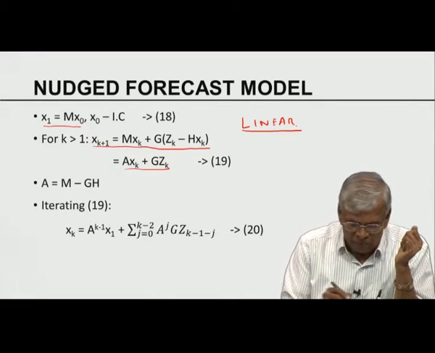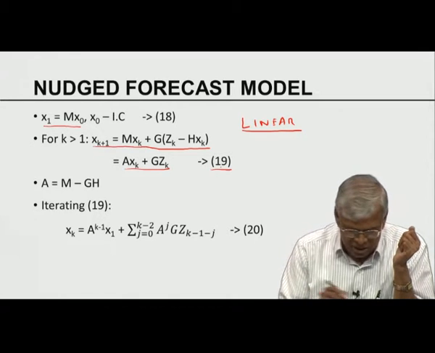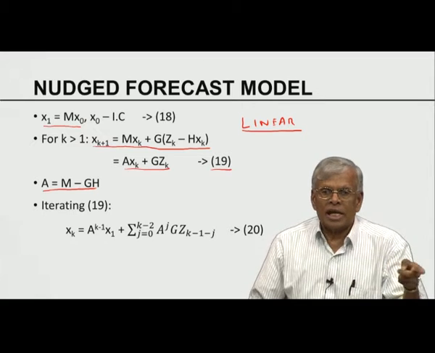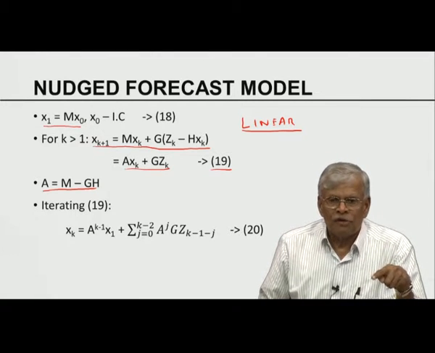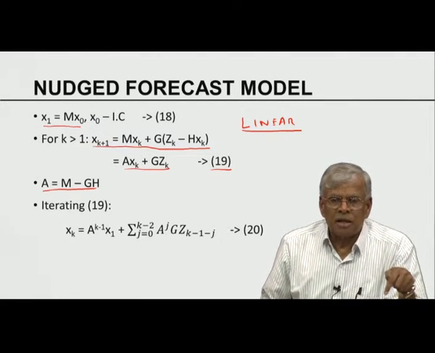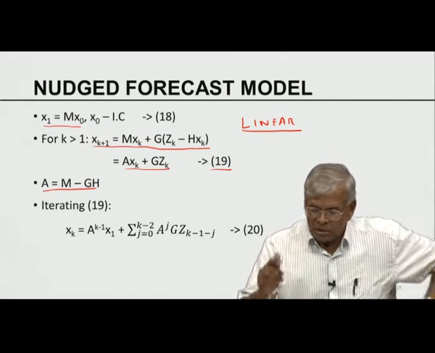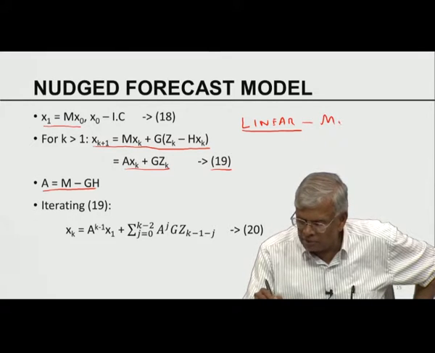So my nudged model becomes 19, where the matrix A is equal to m minus G h. G is the gain to be determined, h is the forward operator, m is the one step transition matrix for the linear model. So I am assuming the model is linear, and the observations are also a linear function of the state.